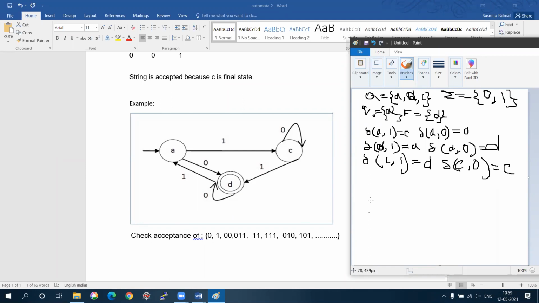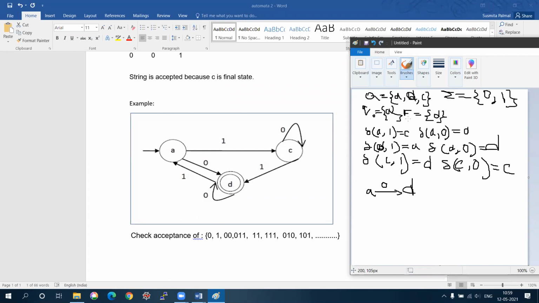From state A, because it is the initial state, if I use 0, then it is going to which state? From state A, if you are using 0, it is going to state D. So I should write state D. D is a final state.